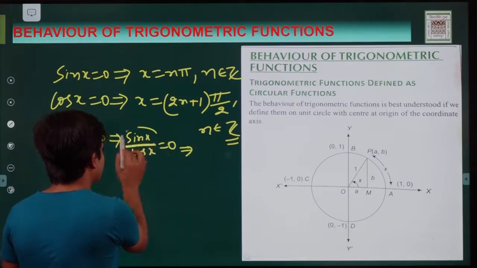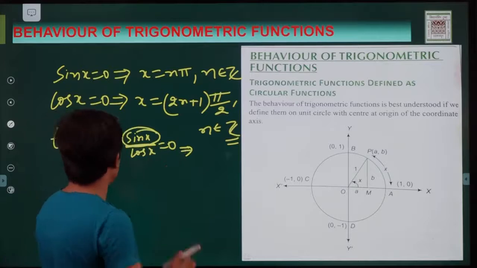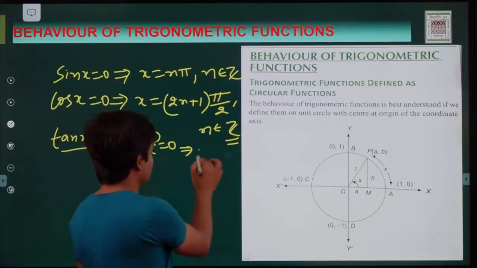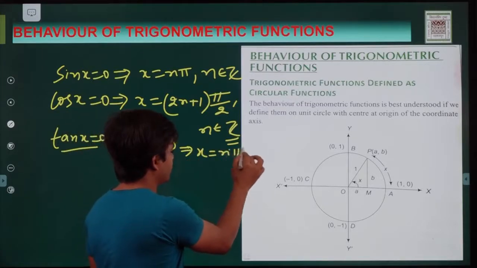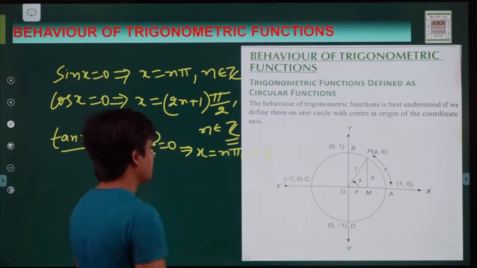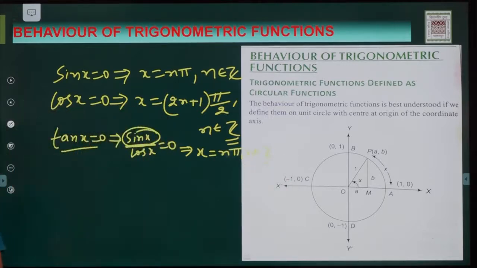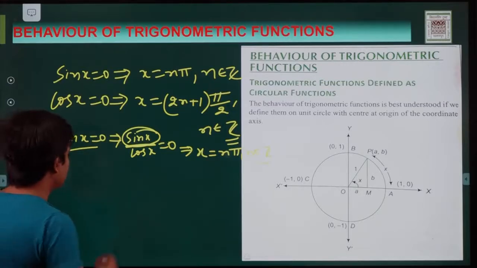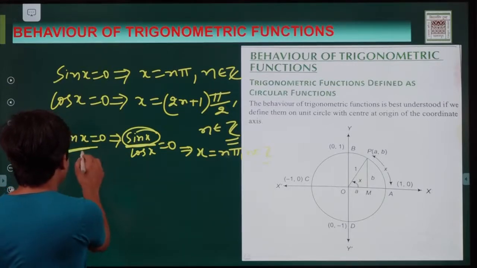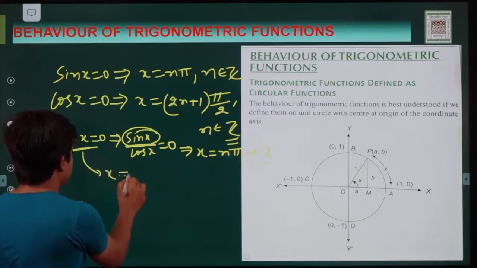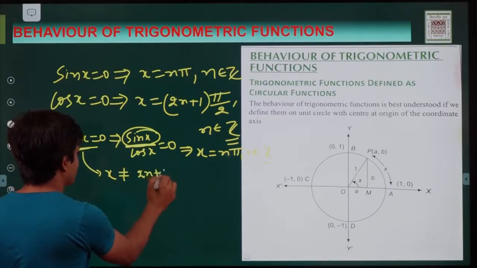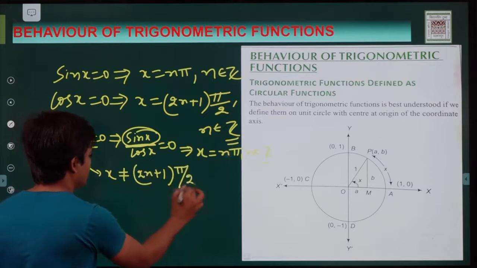So we will use this condition that sin x should be equal to 0. So tan x is equal to 0, then again x is equal to n pi, n belongs to Z. And whenever we discuss tan x, then always remember that x is not equal to (2n plus 1) into pi by 2.